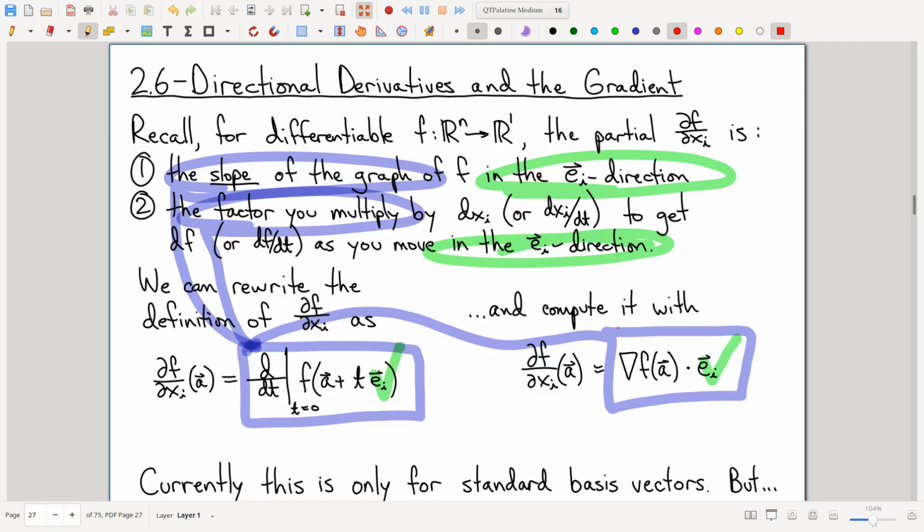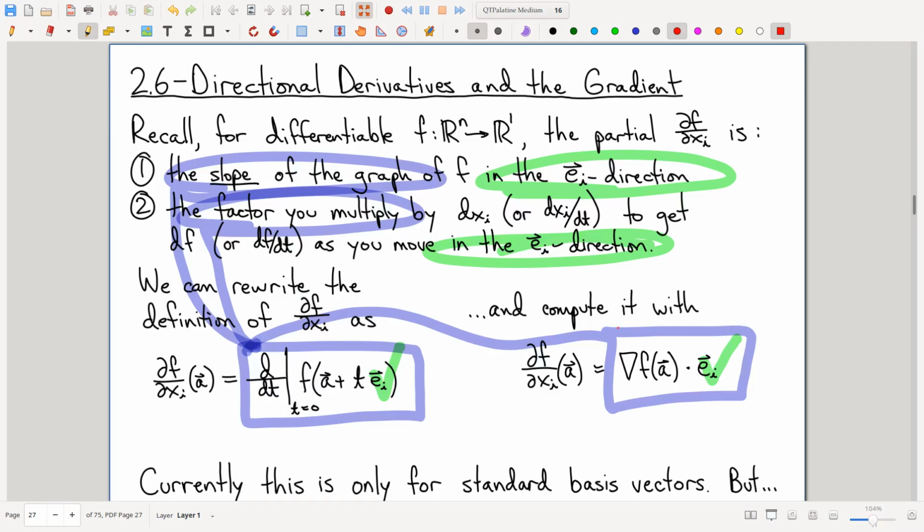Now, I'm not saying that I can view partial derivatives in literally any direction, because partial derivatives are defined downstream of having made a choice of coordinates.